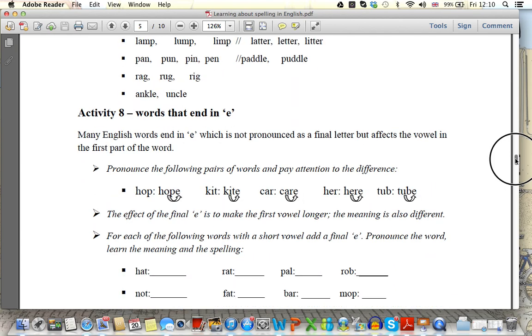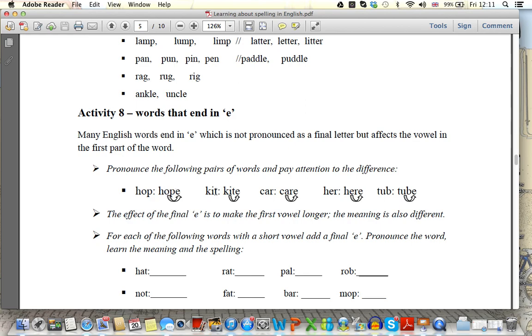Let's go to activity 8, which again, with a final E in words, it changes the initial vowel. So let me give you an example. If we look here at the first one, we have hop, where the O is a short vowel. When we put an E at the end, it lengthens the first vowel, so it becomes hope.